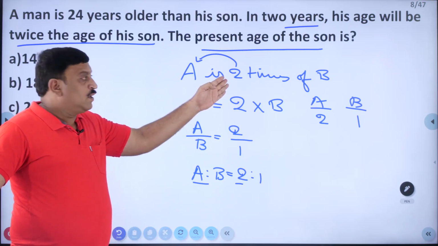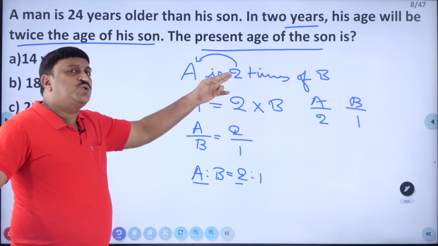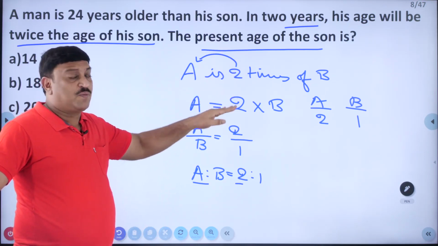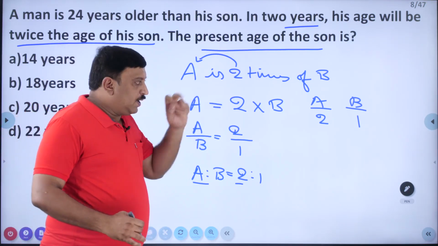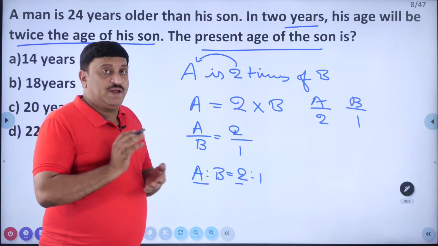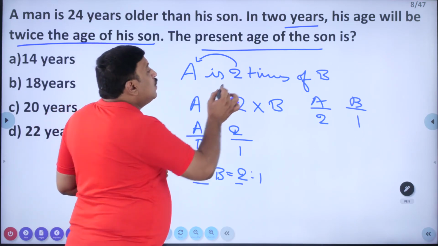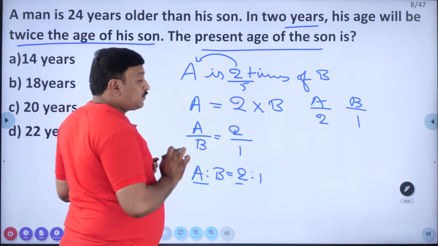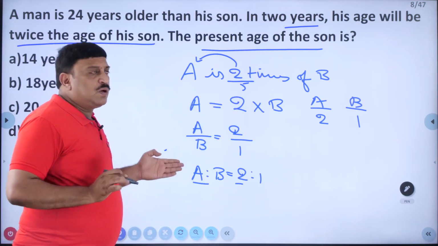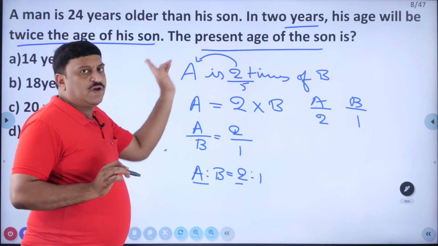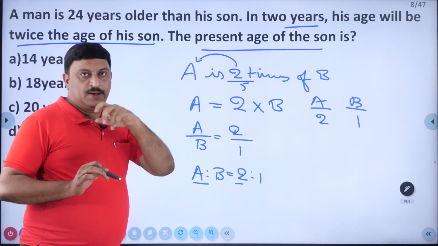A is 2 times of B means 2 by 1 of B, is it not? Now, A is 2 by 5 of B. What happens? With 2 by 5, B comes there itself, no? So the numerator goes for A, the denominator goes for B, is it not?